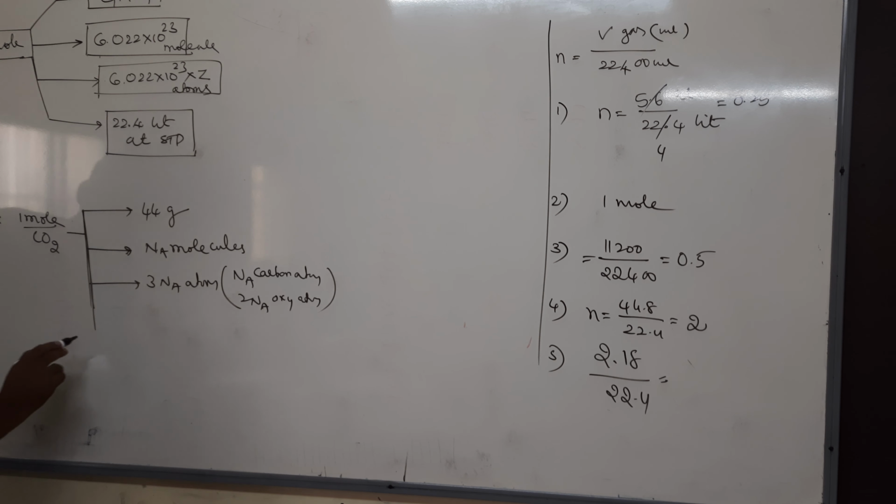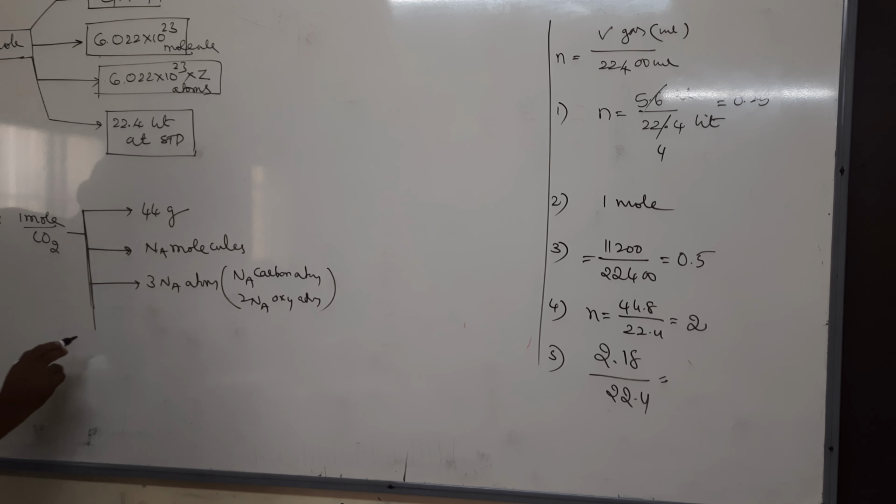Now a question can be asked like this. By giving mole, they expect the mass. By giving mole, they expect molecules. By giving mole, they expect atoms, particles. By giving mole, they expect volume.